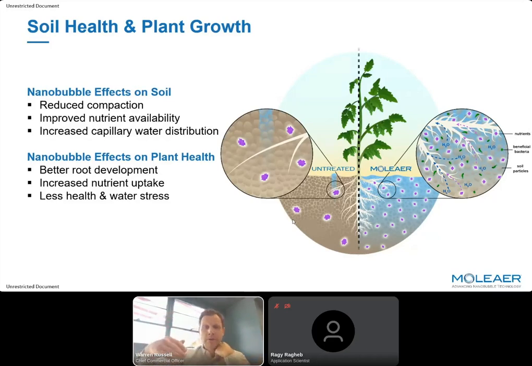And even though it may limit the infiltration of the water, most importantly, the way that we're distributing nutrients into that root zone is through the water. So if we can improve and flocculate that soil and reduce that soil compaction, you can indirectly improve the distribution of these nutrients in a more uniform way.